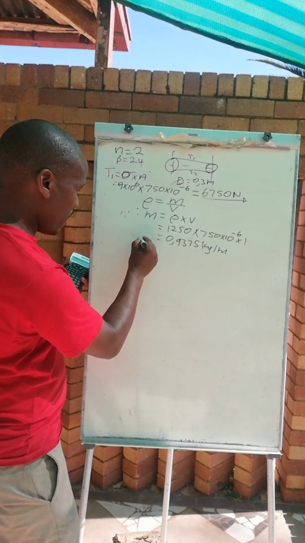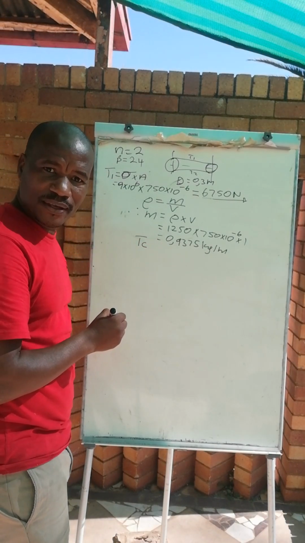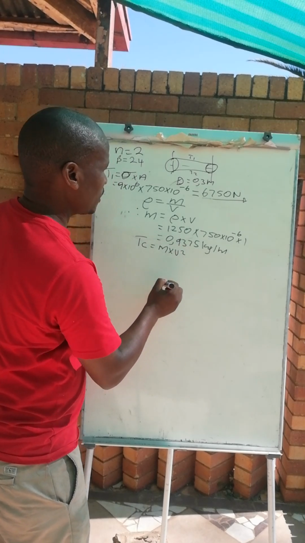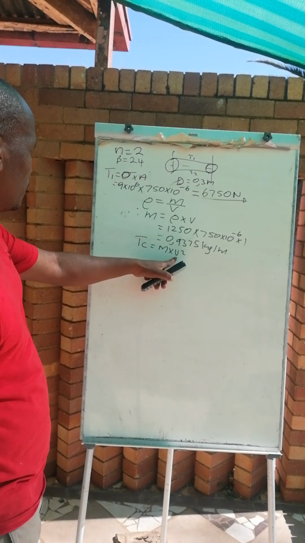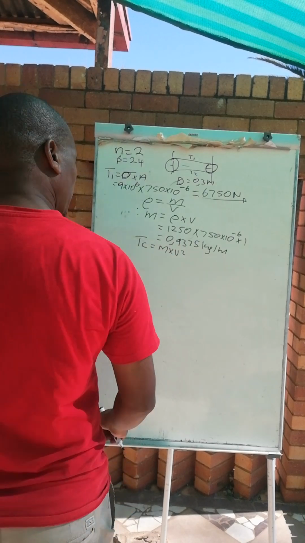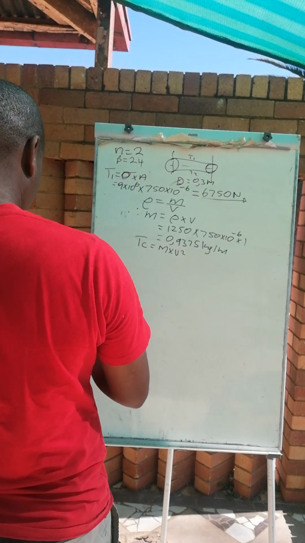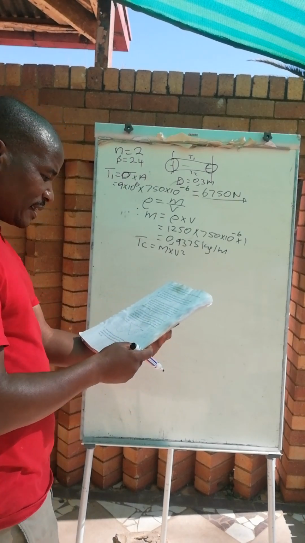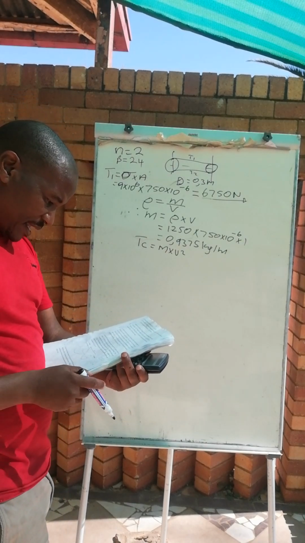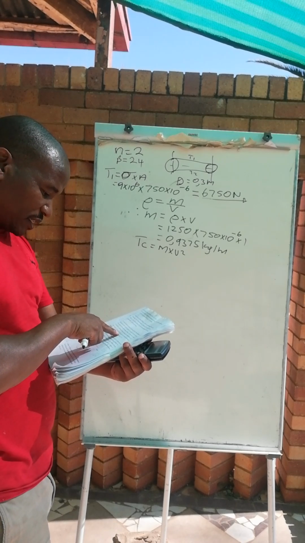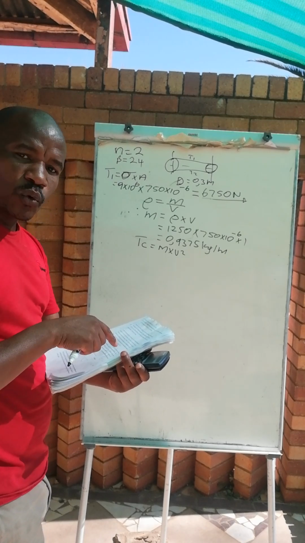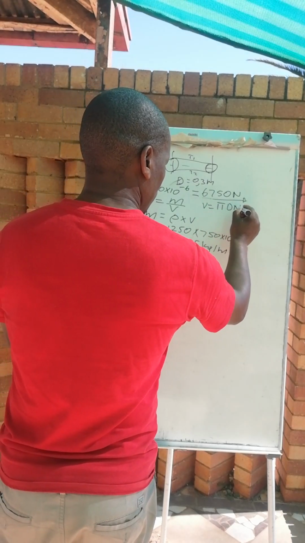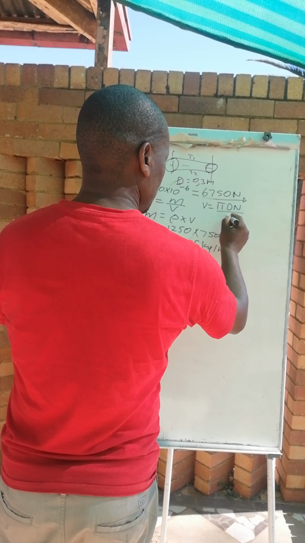Now that the mass has come into play, we have to calculate the centrifugal tension, which is M multiplied by V squared. But now we don't have V. We are given 600 revs per minute, when the driving pulley rotates at 600 revs per minute.